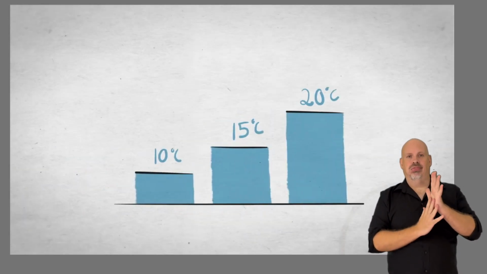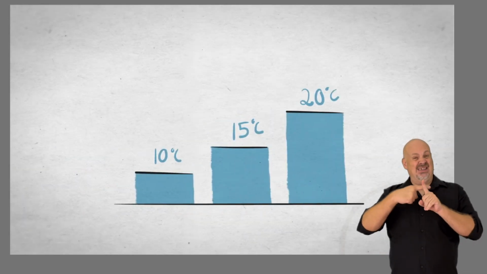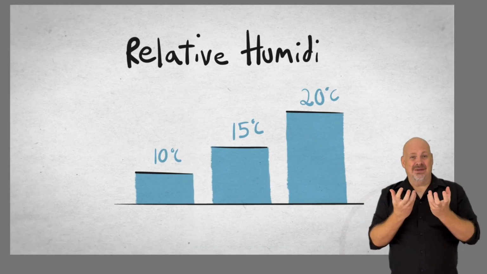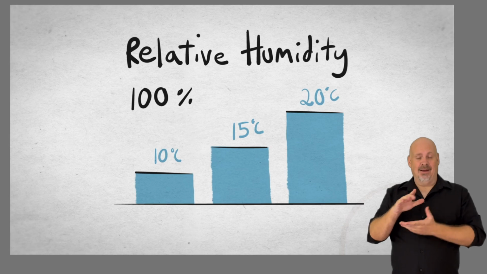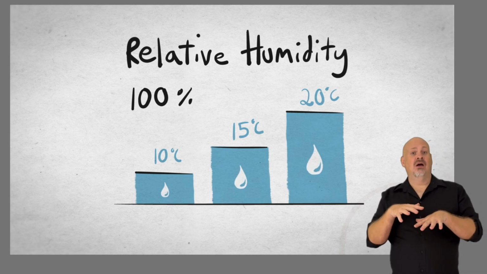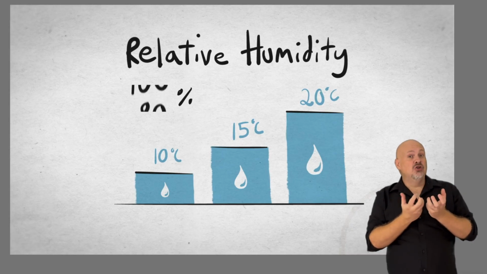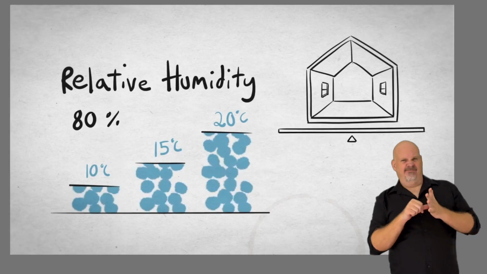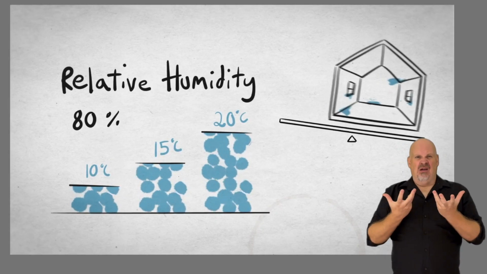Because air can hold different amounts of moisture at different temperatures, we measure how full the air is by something called relative humidity. If we have 100% relative humidity, then the air is full up and the vapour becomes liquid water. But even when there is no condensation, high relative humidity can be uncomfortable and lead to mould and other problems.